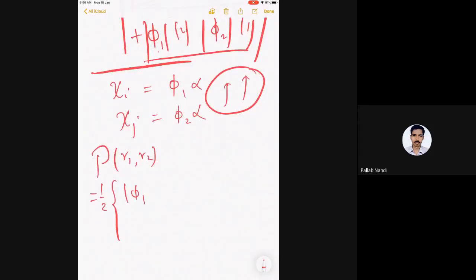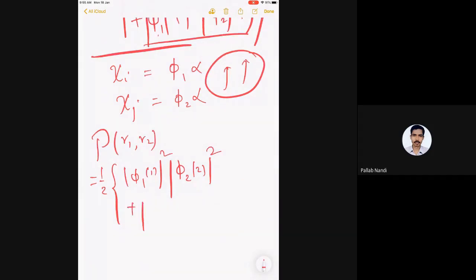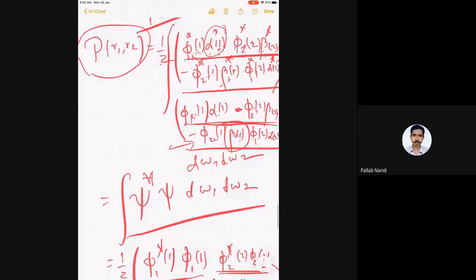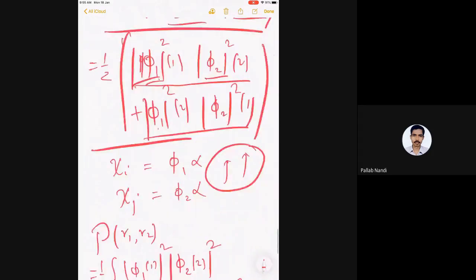So let me write whatever is already there: mod phi 1 1 square, mod phi 2 2 square, plus mod phi 1 2 square, mod phi 2 1 square. But in addition to this, there will be two more terms. One will be this with this, which has a negative sign now. So minus phi 1 star 1, phi 2 1.